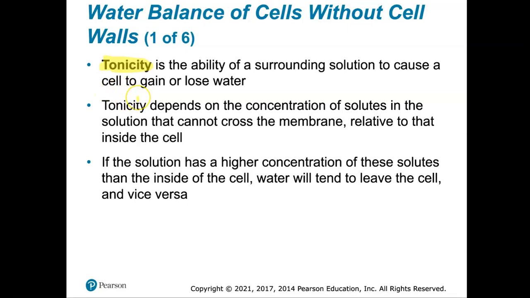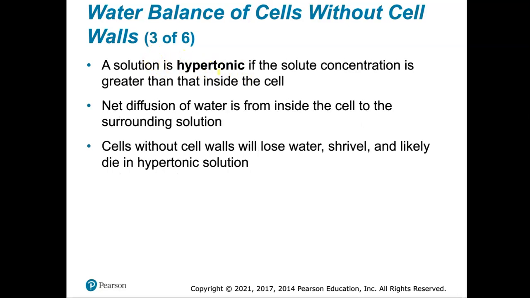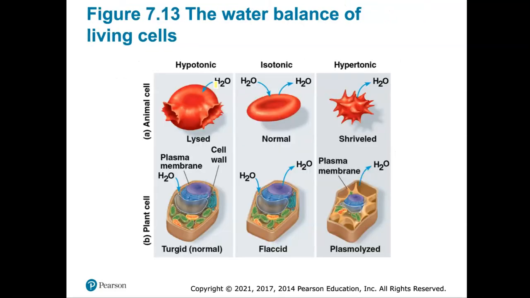So tonicity refers to the concentration of solution that a cell is placed into. Isotonic means that the concentration of solute is the same as inside the cell. Hypertonic means the concentration of solute is greater than inside the cell. And hypotonic means the solute concentration is lower than inside the cell.